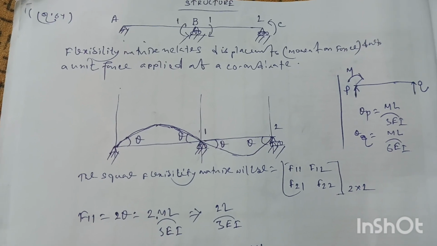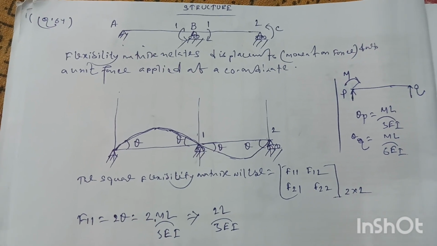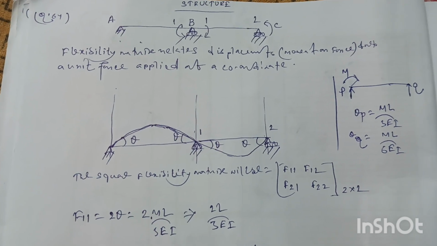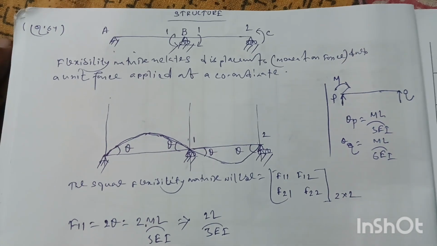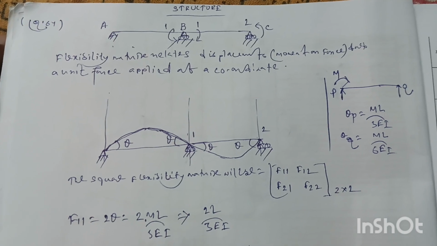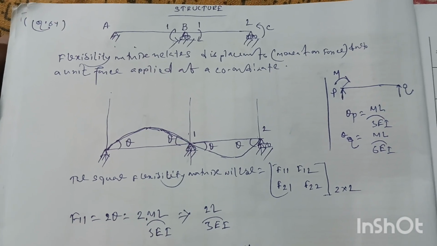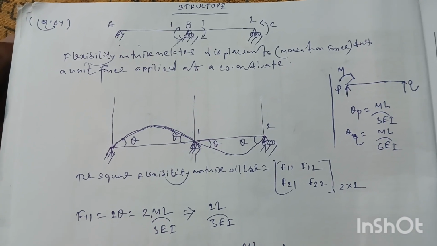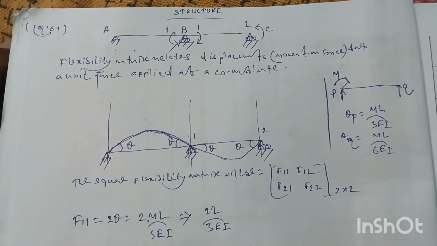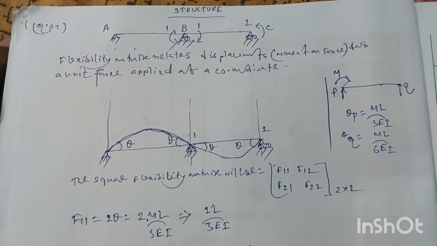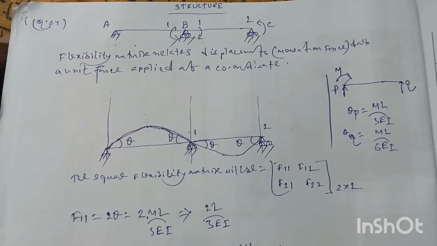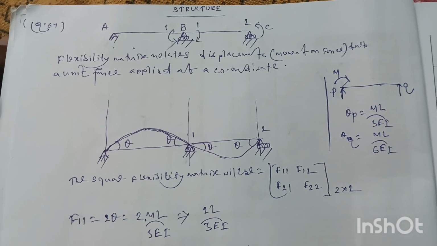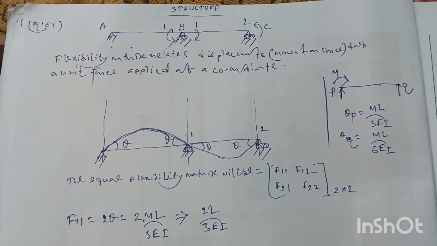F11 is the flexibility at coordinate 1 due to unit moment applied at coordinate 1, and F12 is the flexibility at coordinate 2 due to unit moment applied at coordinate 1, and F21 is the flexibility at coordinate 1 due to unit moment applied at coordinate 2, and F22 is the flexibility at coordinate 2 due to unit moment applied at coordinate 2.